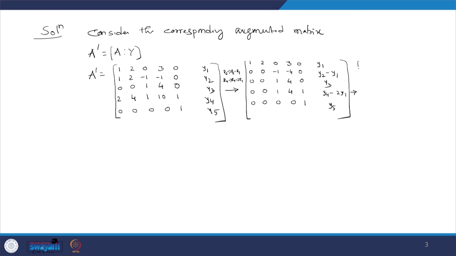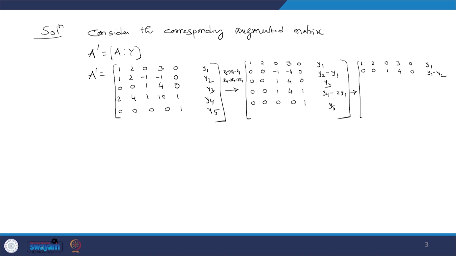So, if I do it, I am getting 1, 2, 0, 3, 0, y1, as it is. I will do R2 divided by minus 1, so 0, 0, 1, 4, 0, and we will have y1 minus y2.